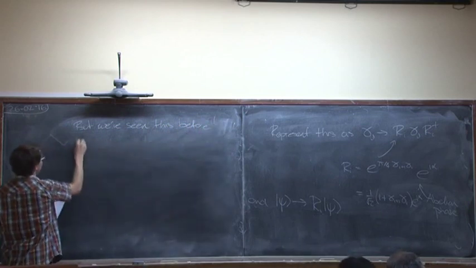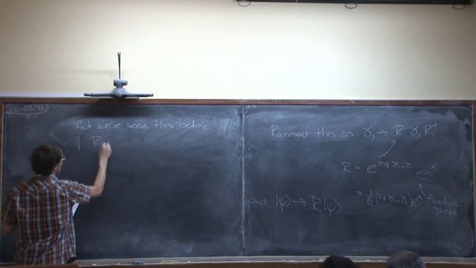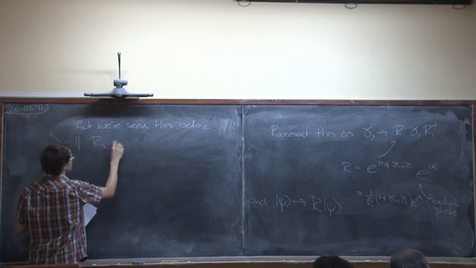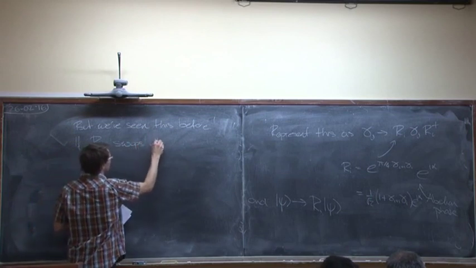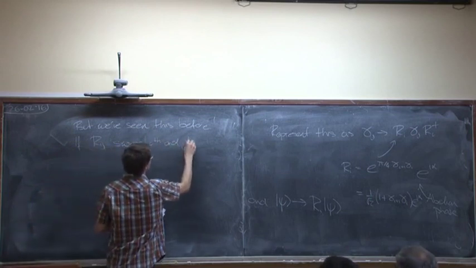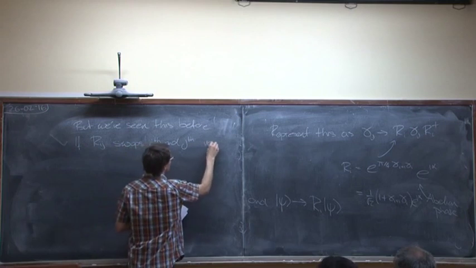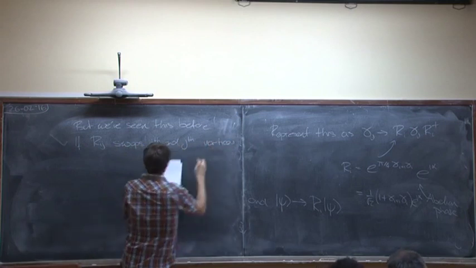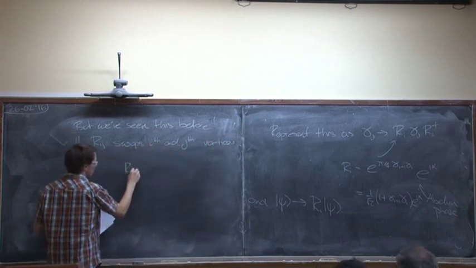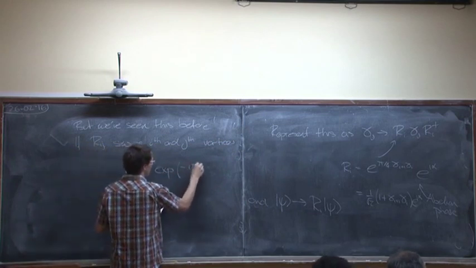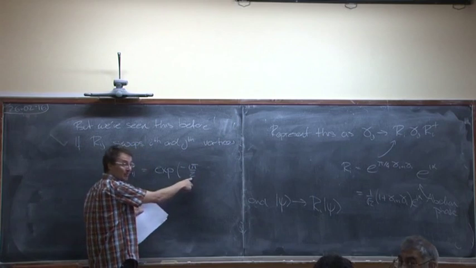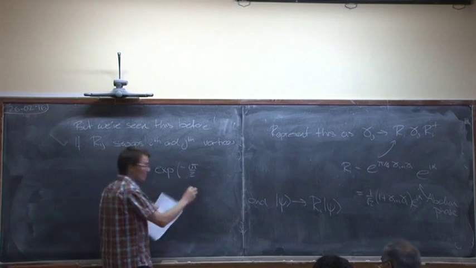And so if I introduce a more general braid matrix R_ij, which swaps I and J vortices, then what I've written on the board there is the same as writing R_ij to be e^{-iπ/2 T_ij}. There's your factor of 2, Sandy. It's slightly surprising.